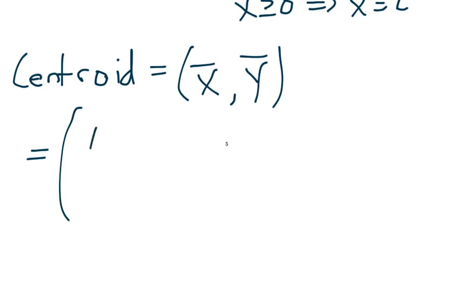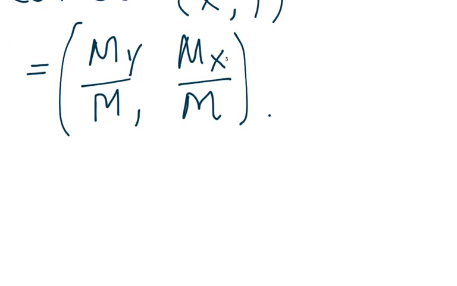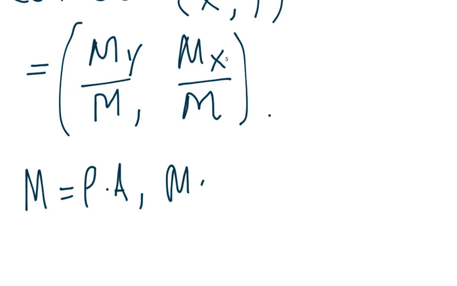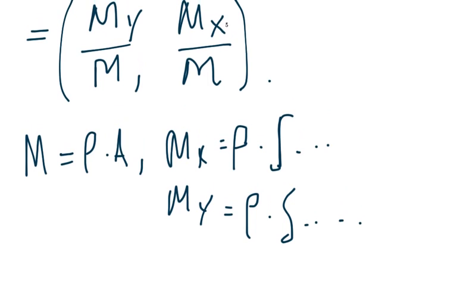And again, we know this is My over M, Mx over M. But similar to the last problem we did, we saw that M was equal to rho times area, Mx was equal to rho times some integral of something, and My was equal to rho times some integral of something. And so it turns out that we don't need the mass.